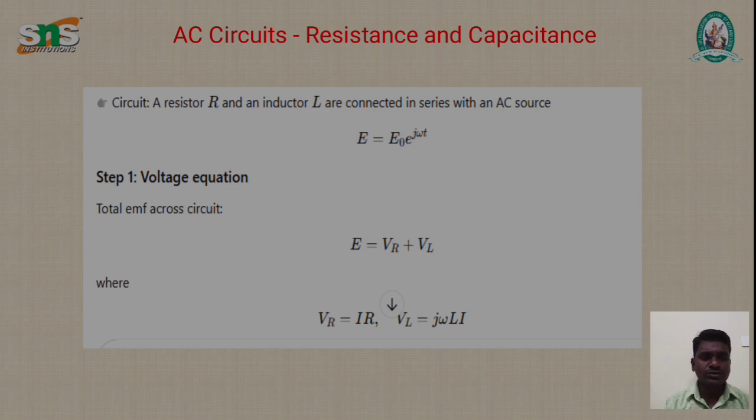We substitute the values of VR and VC in the above equation, where VR is equal to I into R, and VC is equal to I divided by j omega C. This is the voltage drop across the circuit.